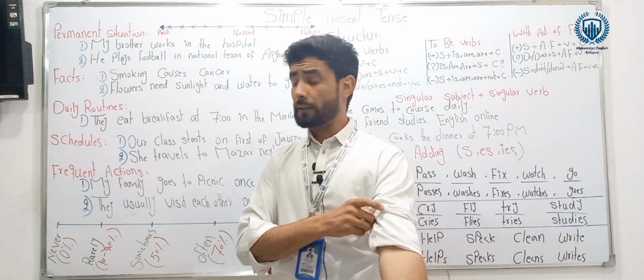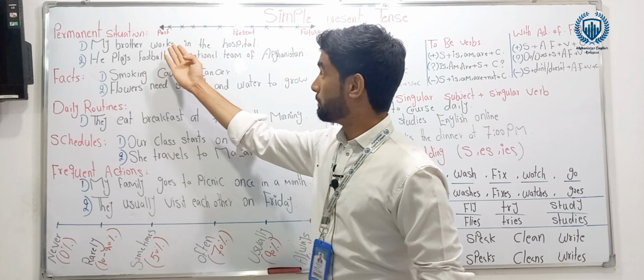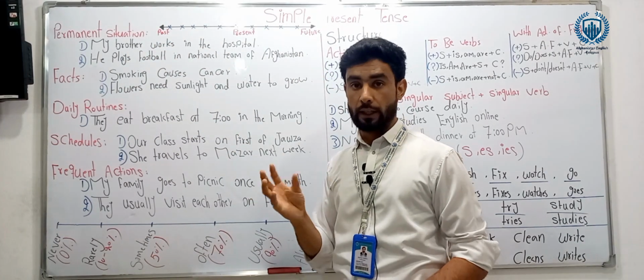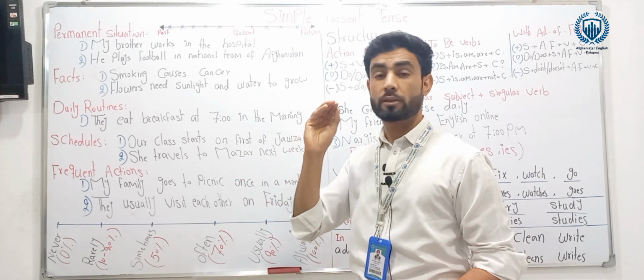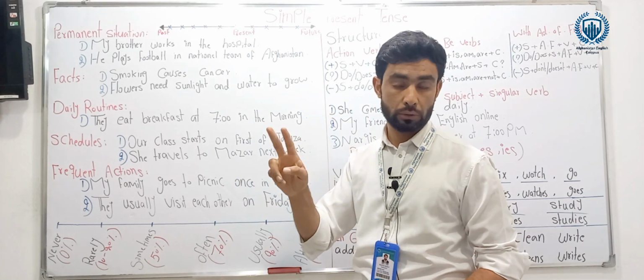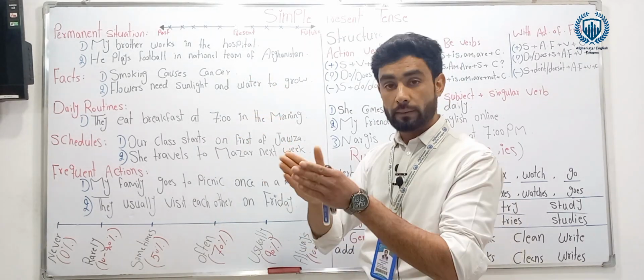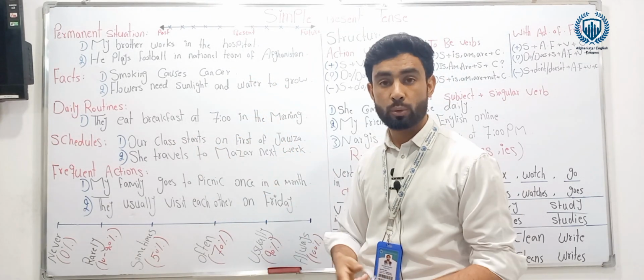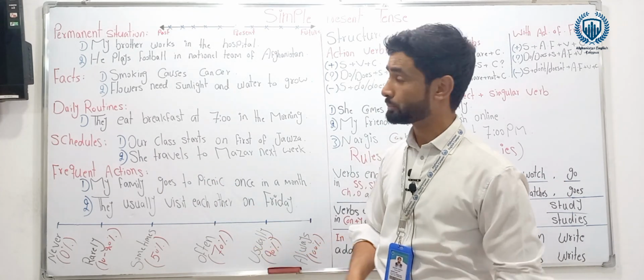If I say some sentences, such as sentence number 1, my brother works in the hospital. He is a doctor, he works in the hospital. He is not working only for 1 day, not for 2 days, not for 3 days. It's a situation, it's a state which is permanent, and my brother works permanently in the hospital because he's a doctor.